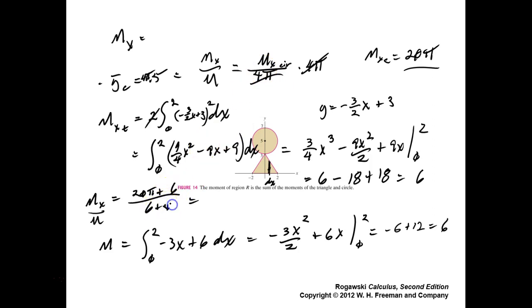Plus 4 pi. Sorry, I forgot about that. 6 was the mass of the triangle. 6 was also the moment for the triangle. Strange but true. And so this gives us, and you can simplify that a little bit if you wanted to. That would be 2 times 10 pi plus 3 over 2 times 3 plus 2 pi.